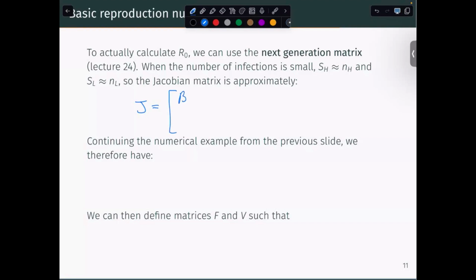When we substitute that into our Jacobian, we're going to get beta HH NH minus gamma, beta HL NH, beta LH NL, and beta LL NL minus gamma. So we construct our next generation matrix by first splitting this into matrices F and V.